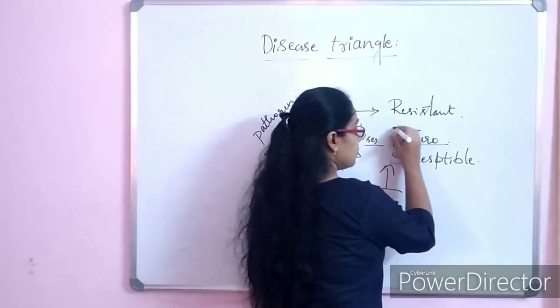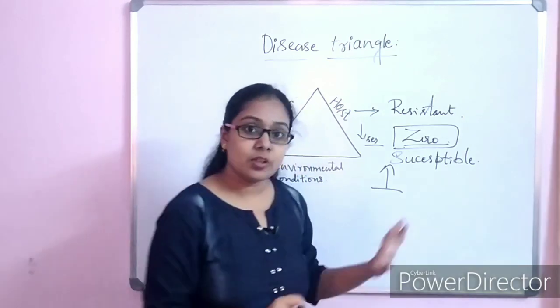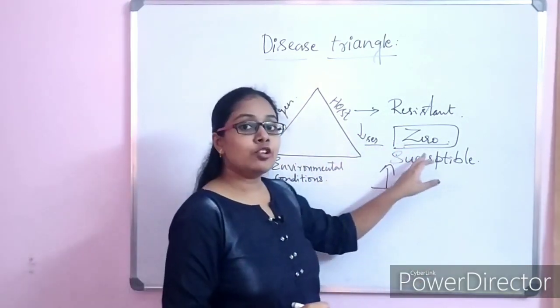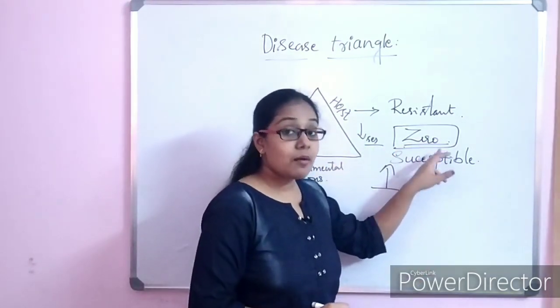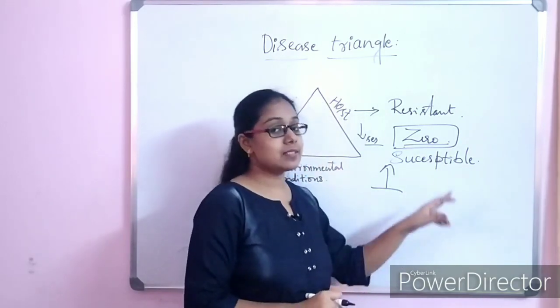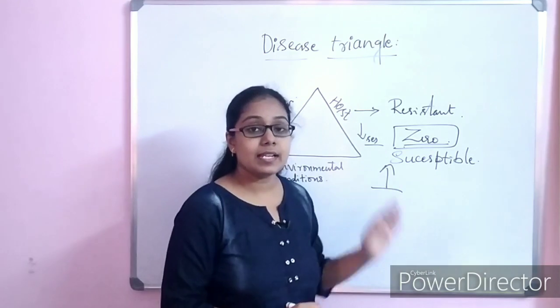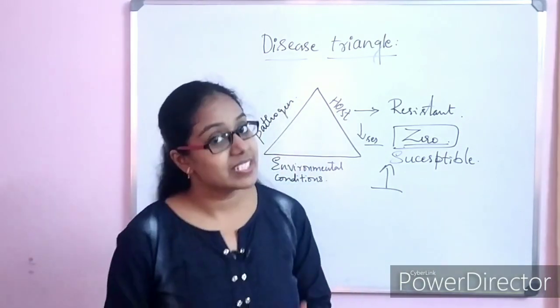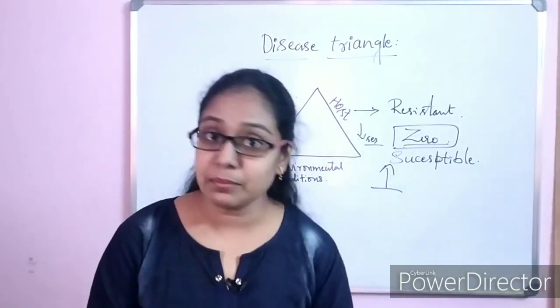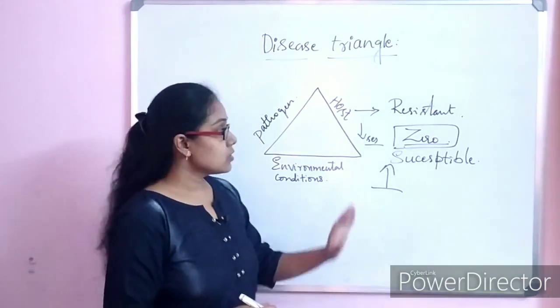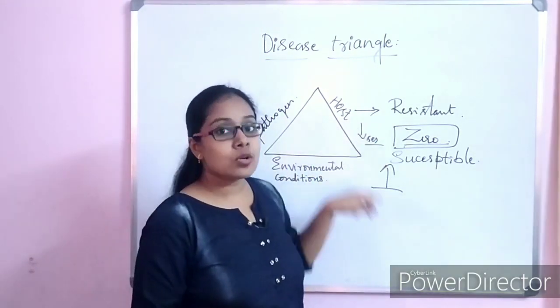Whereas in the resistant host, the potential amount of disease was 0. But here, due to the presence of the susceptible host, the side becomes longer and the potential amount of disease is seen to the extreme level. So this is the variation which is seen in the host plants.